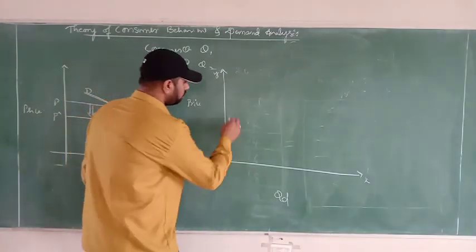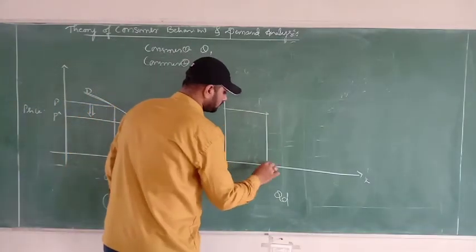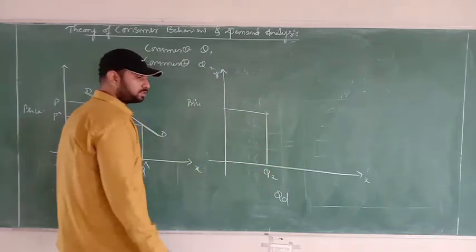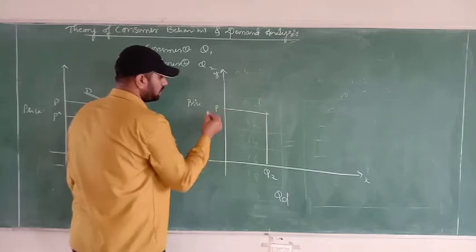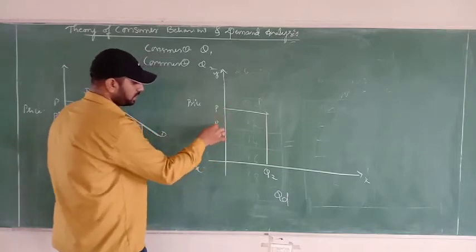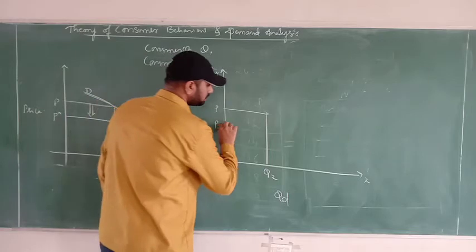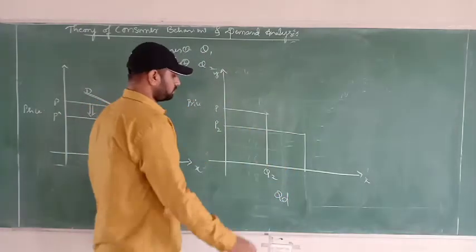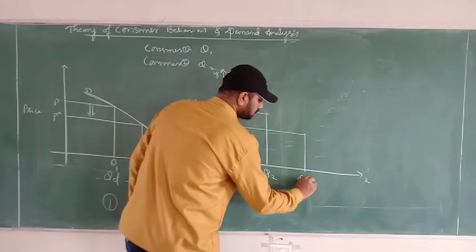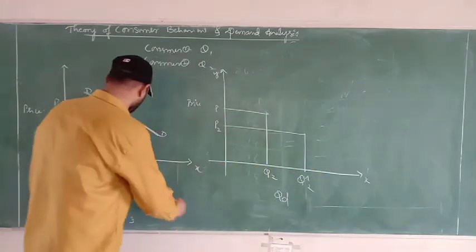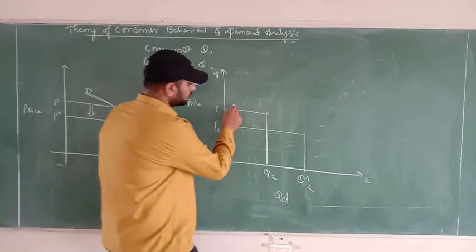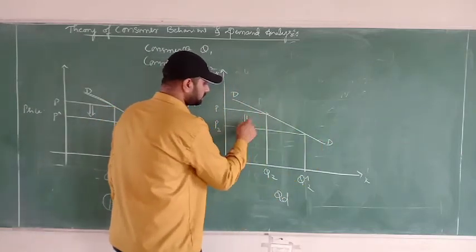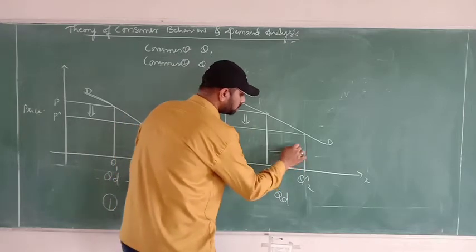At a particular price, this is the quantity demanded by consumer 2, Q2. If the price falls from P to P2, then the demand increases, as in the tomato example, from this level to Q hat 2. Then the demand curve moves like this. When price decreases, consumer 2 also obviously does the same thing.